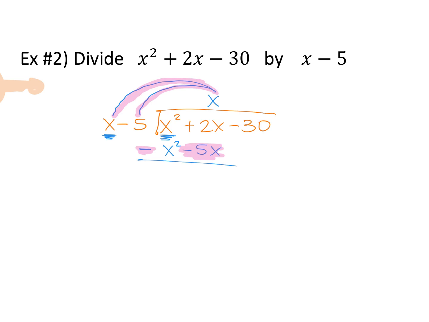Okay? Okay, so when we simplify here, x squared minus x squared is 0. 2x minus a -5x is 2x plus 5x. So that's 7x minus 30, right? We bring down our minus 30. What do you do next?